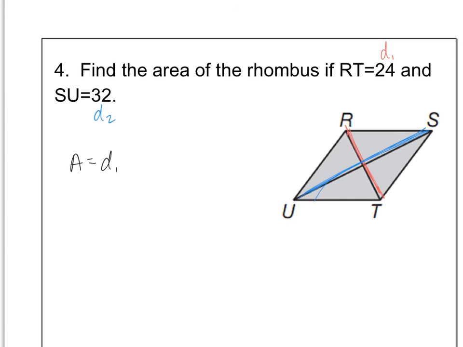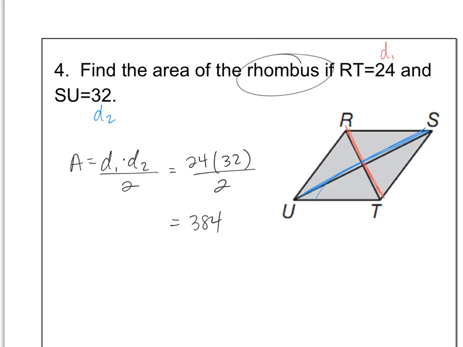So it's diagonal 1 times diagonal 2, divide by 2 because it's a rhombus. So 24 times 32, divide by 2. And I got 384. And that is, you know what? There's no label, and so we'll just say units squared.